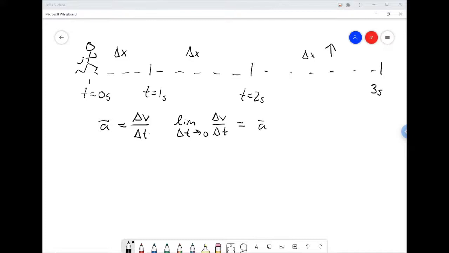In that limit, you have instantaneous acceleration. Okay, and just like before with velocity, an alternate way of thinking about this is the limit as that interval delta t goes to 0 is the same as the derivative of v with respect to t.